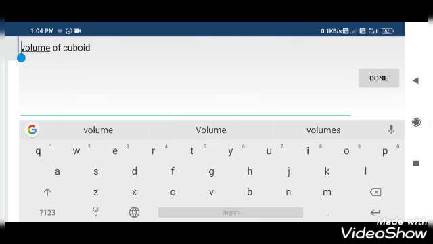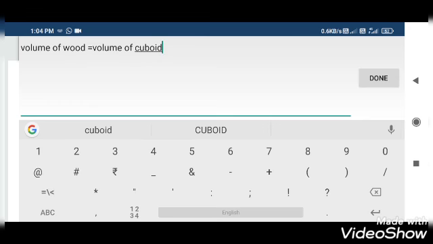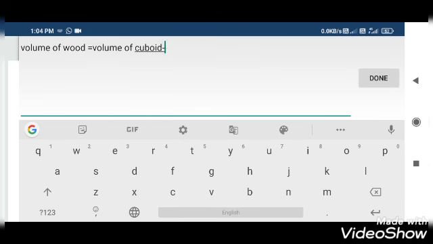So volume of wood is equal to, first we find the volume of the cuboid and subtract the volume of the cones. How many cones are there? It seems to be 4.